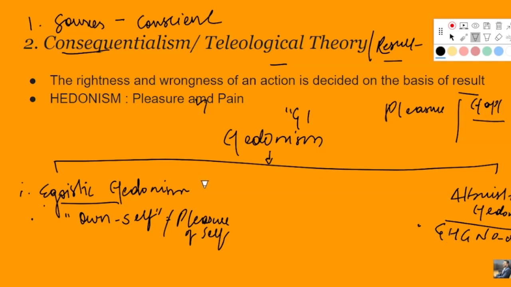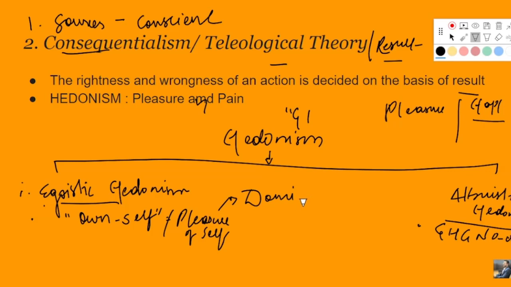But the dilemma here is that in the world today, the concept of egoistic hedonism is being dominant, right? People are more egoistic, hedonistic in nature. They are more self-pleasure seekers than taking into consideration the interest of society or community, right?